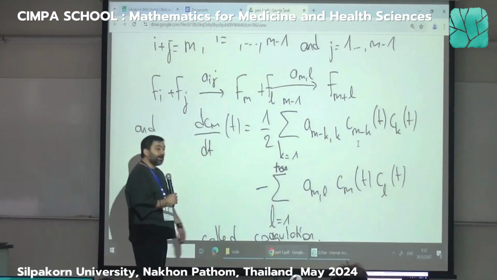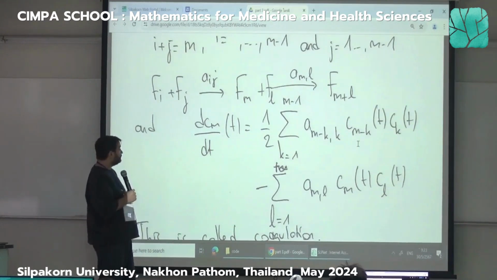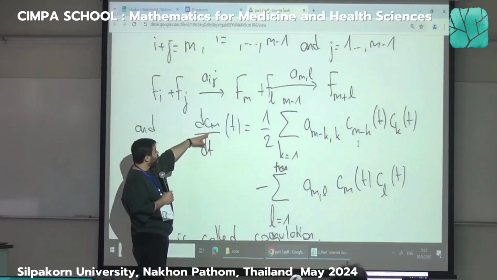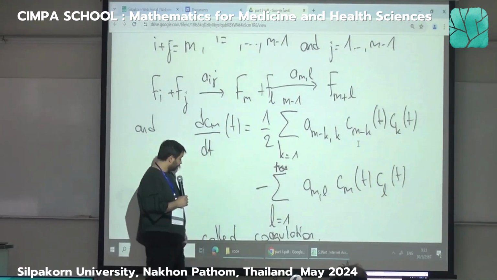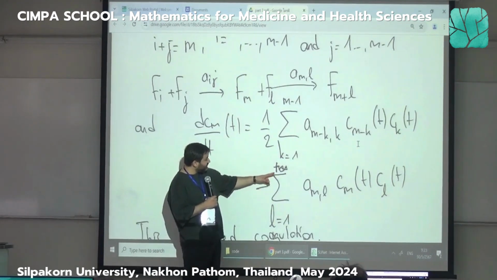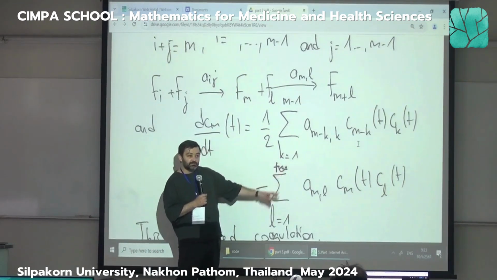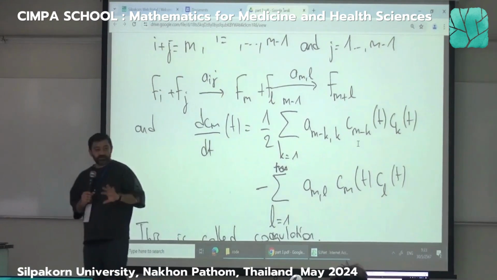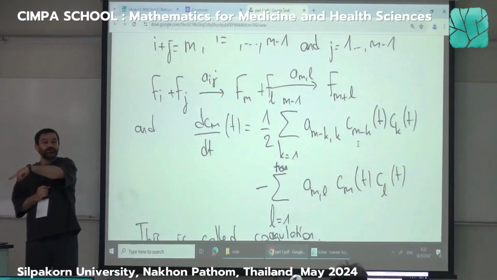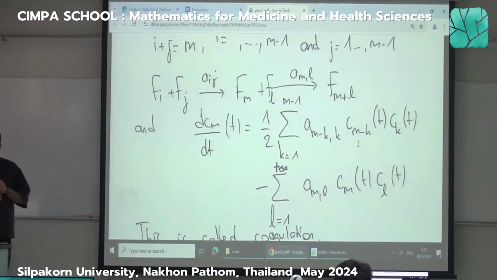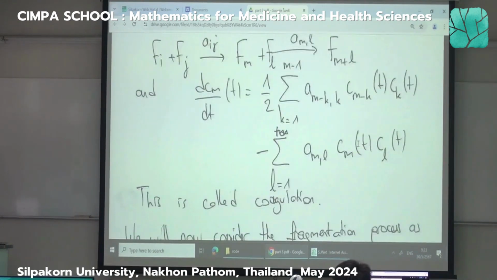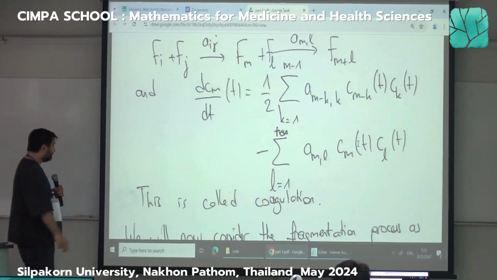And now we have a system of differential equations for C_M prime for all M that verify this equation. Be careful, it's going to plus infinity, so it's a bit more complicated. Of course, when we code, we will not go to plus infinity. This part of the model is what we call the coagulation or the aggregation of particles.